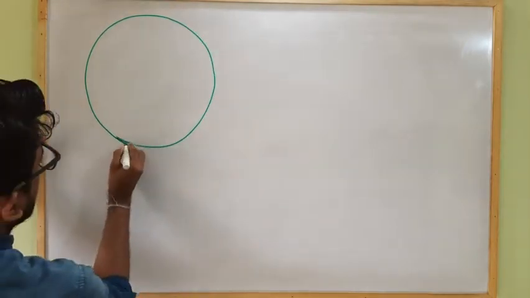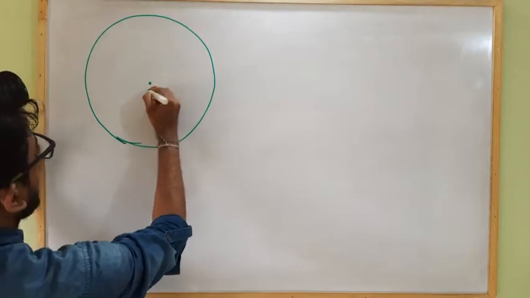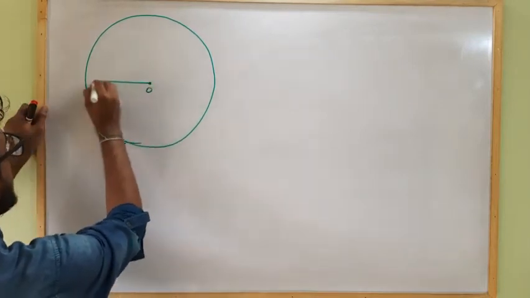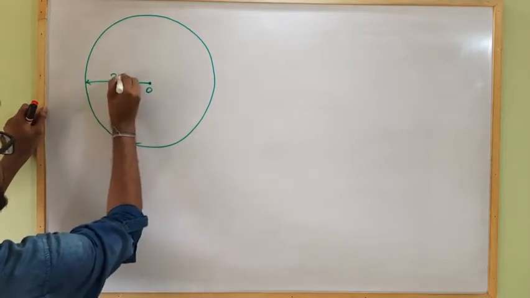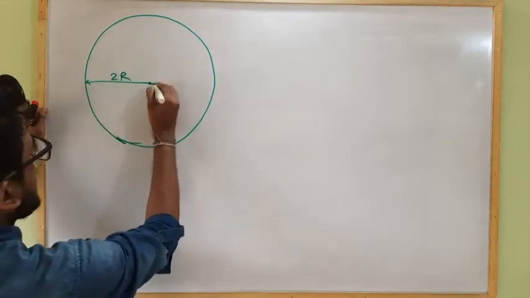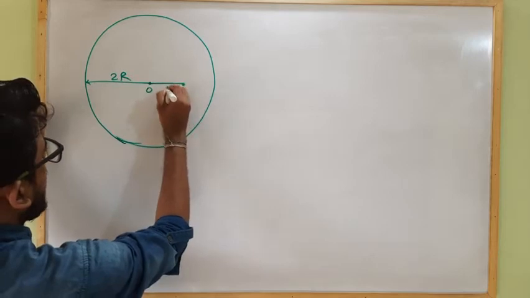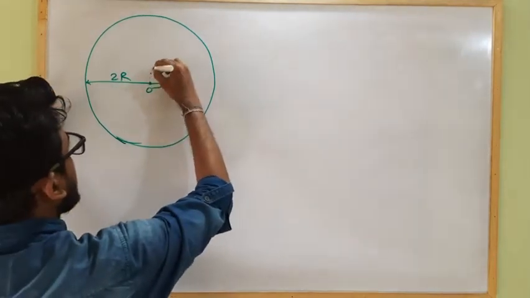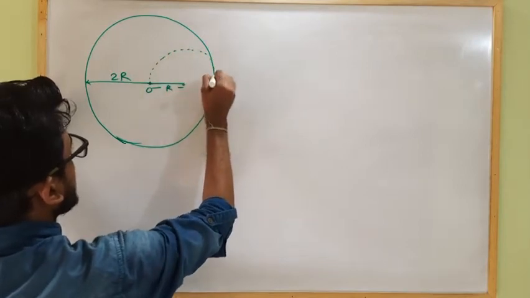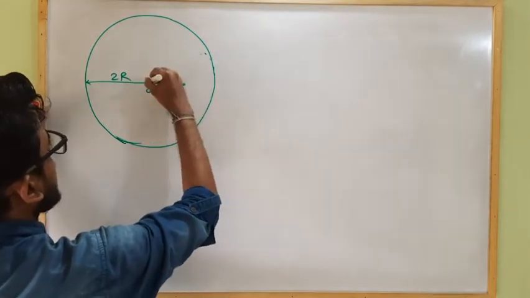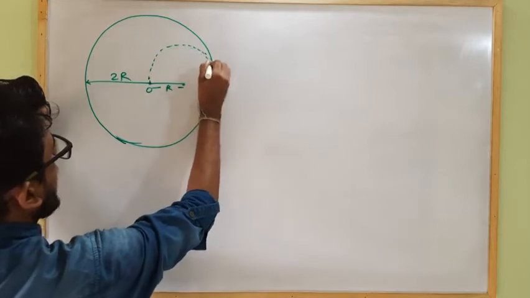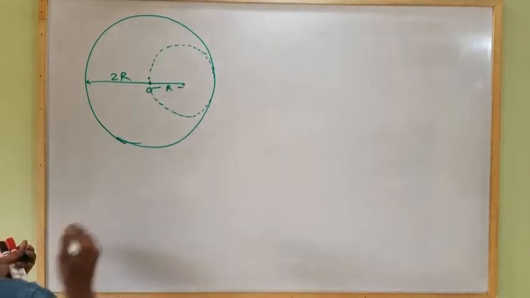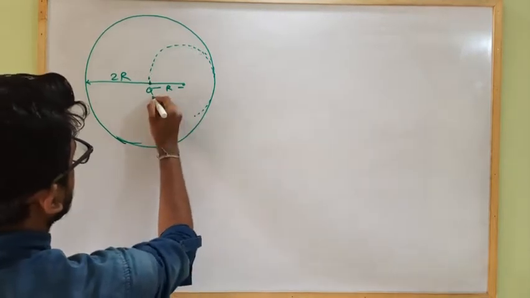Okay, this is a solid circular current carrying conductor O. The radius is 2r, and at a distance r from the center there is a cavity of radius r. Okay, like this, here is a cavity of radius r.